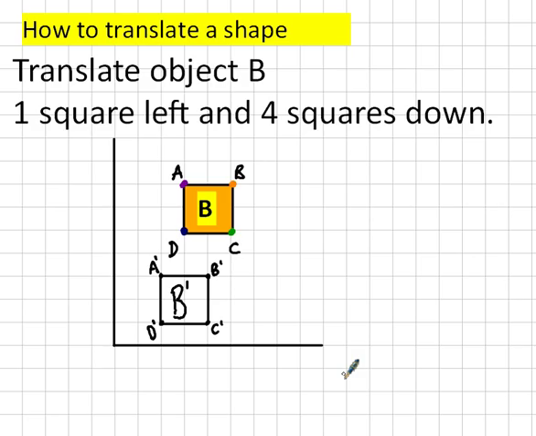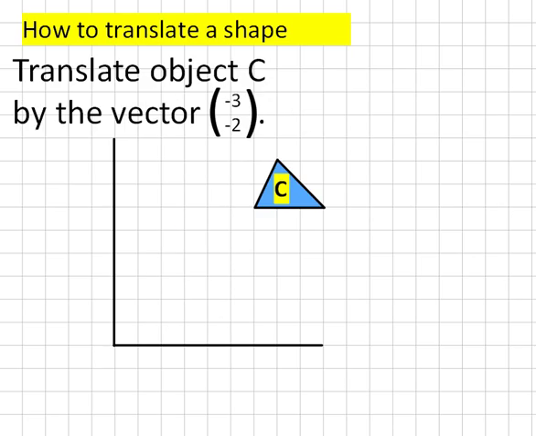Now in my final example, I'm going to use the word vector, and I'm going to use a vector to give me the instructions of how to translate the shape. So let's take a vector.